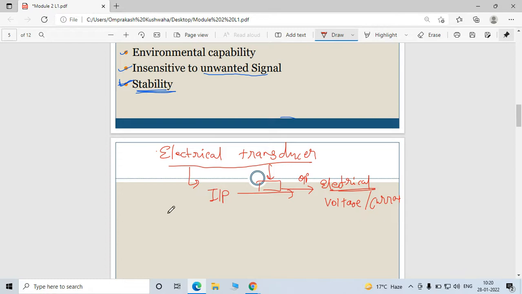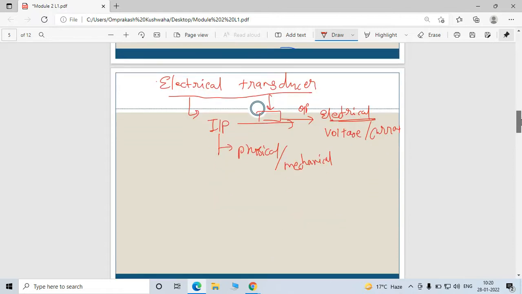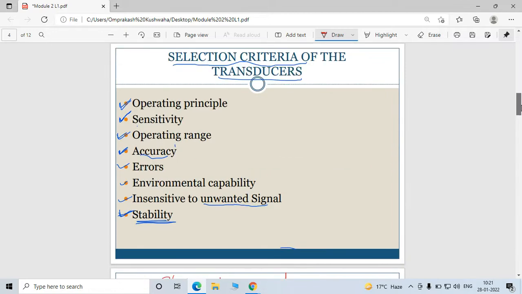In that scale, your input may be any physical quantity or mechanical quantity, by which you can categorize this electrical transducer.